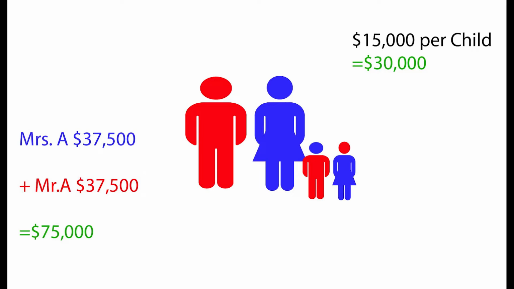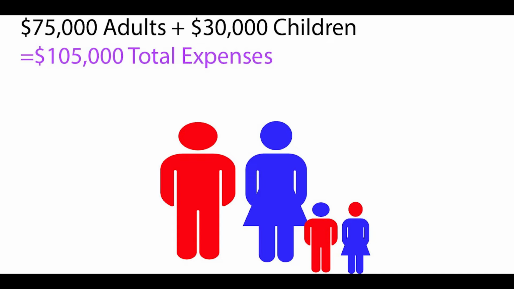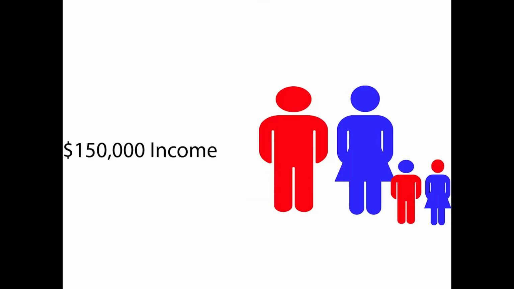And let's go a little bit further. We're going to add the $75,000 of Mr. and Mrs. A's expenses to the $30,000 of the A children's expenses. And the expense for the A household for the year is going to be a total of $105,000. Well, their income for the year is $150,000.